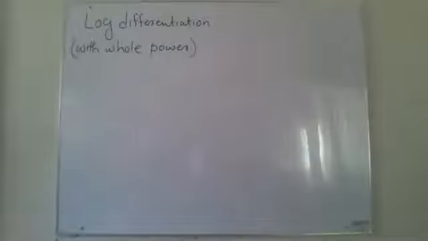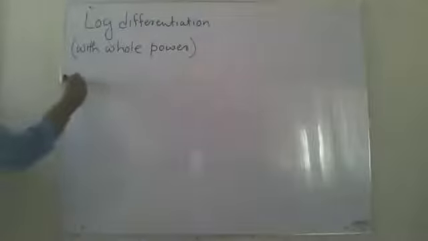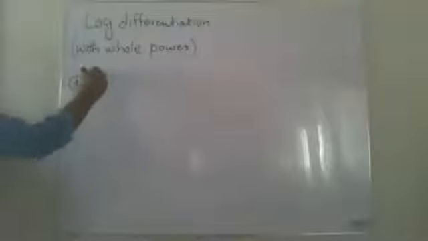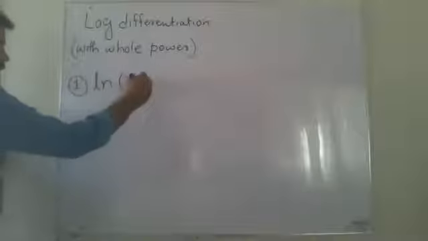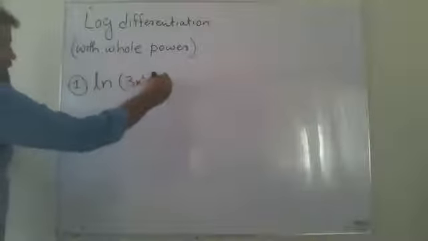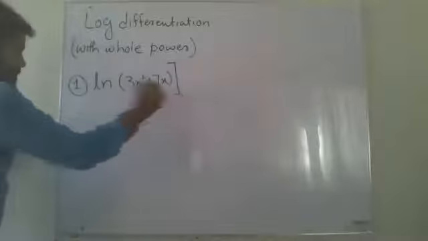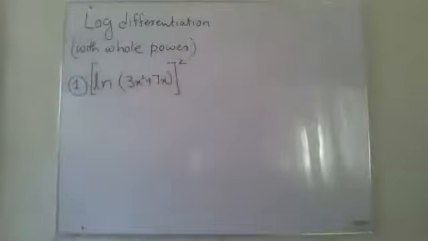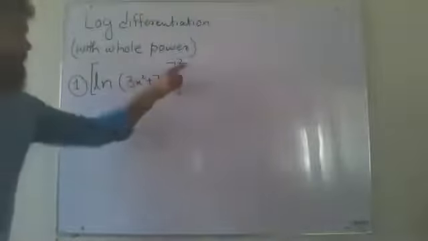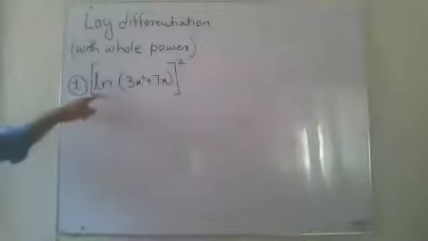Okay, so for instance I am having ln (3x square plus 7x), it is given like this. Okay, and this whole power is on this whole thing.